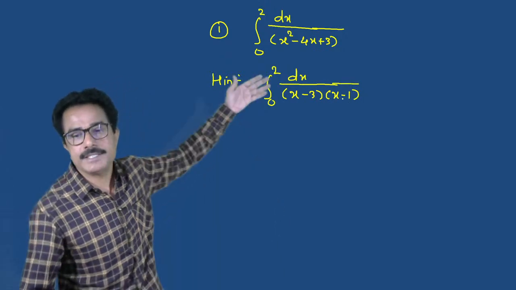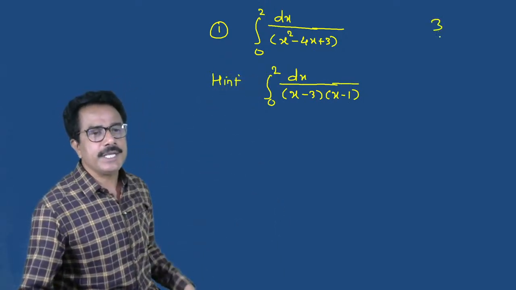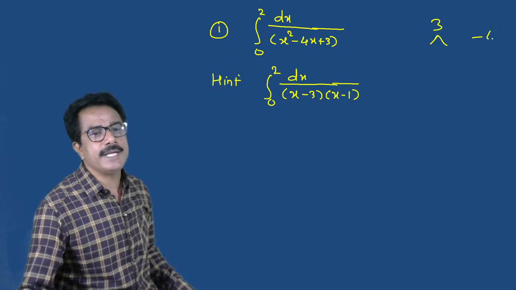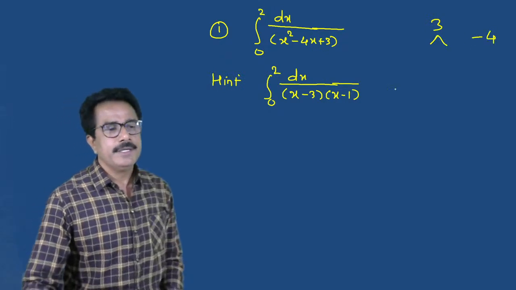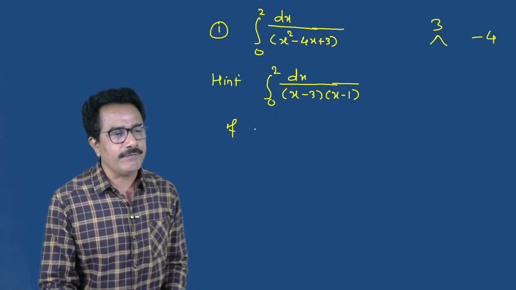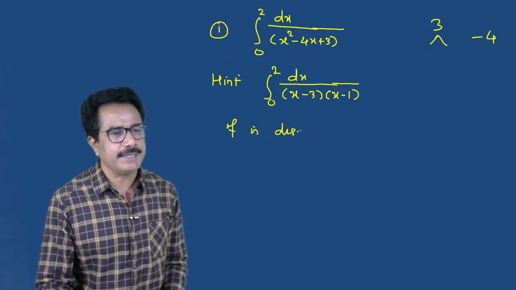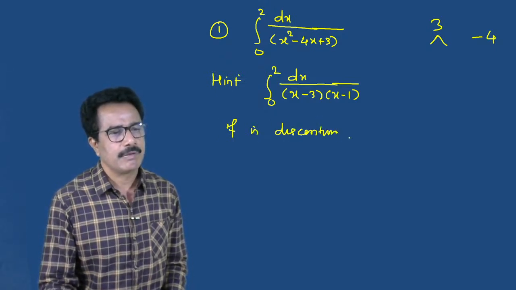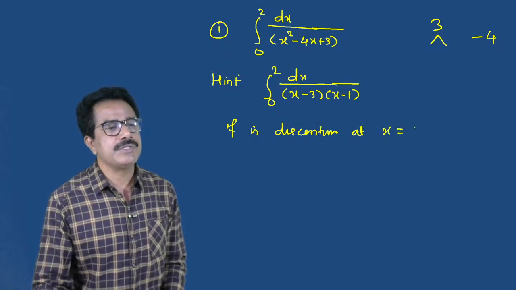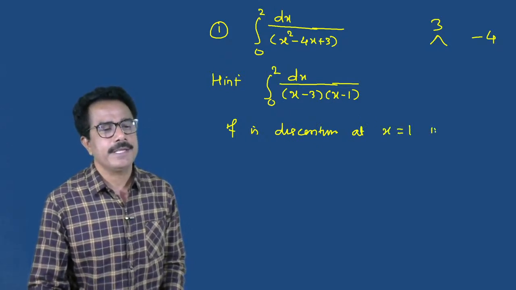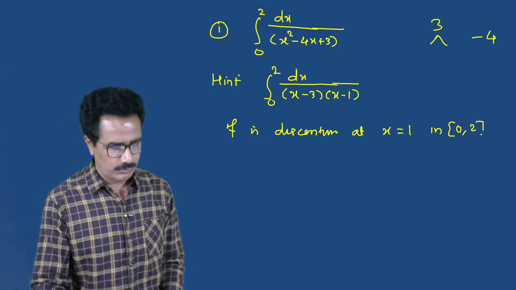Right? Factorize this 3 in such a way that whose addition is minus 4. So f is discontinuous at x equals to 1 in closed interval 0 to 2.